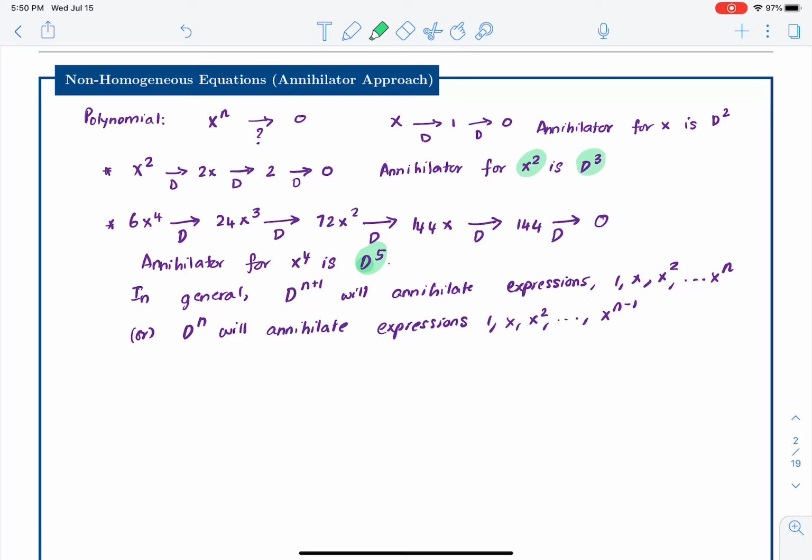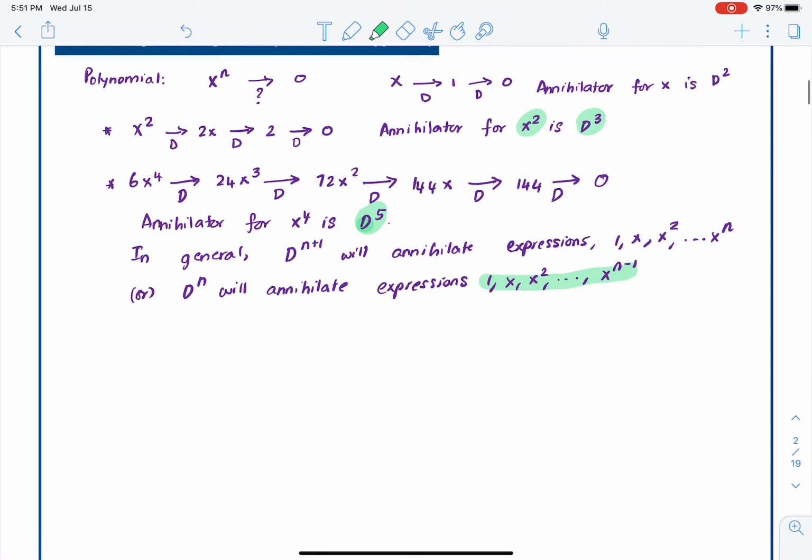So d raised 5 not only annihilates x raised 4, it also takes care of every single exponent below that. In other words, x cubed, x squared, x, and a constant, which is why we say that d raised n will annihilate all expressions all the way up to x raised n minus 1.